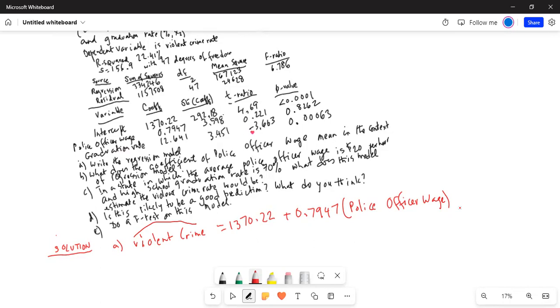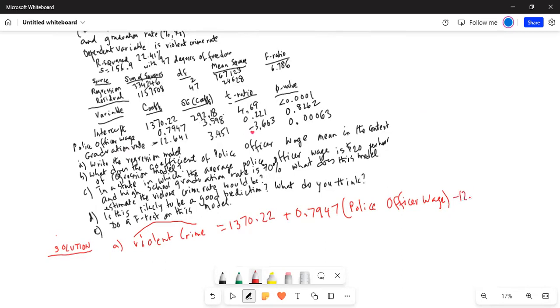Okay, let's make sure. Yeah, I made a mistake, so I'll first correct it. The coefficient for graduation rate is minus. Okay, so if I go back here, we are continuing with the model because the coefficient of the graduation rate is negative.